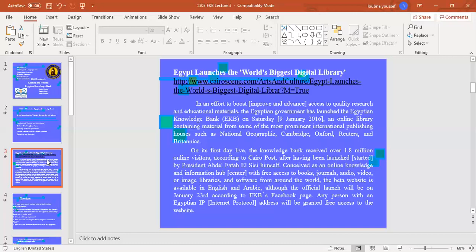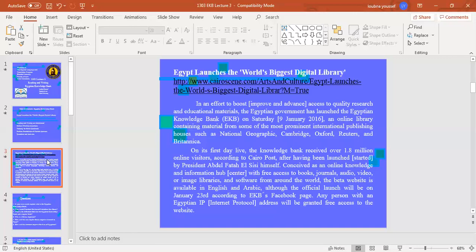A square bracket means that this information was not included in the original passage, and I, as a writer and a reader, have included this information to make the idea clearer to you students as readers. All right? So in an effort to boost access to quality research and educational materials is the original sentence. I added improve and advance to help you in understanding the word boost.